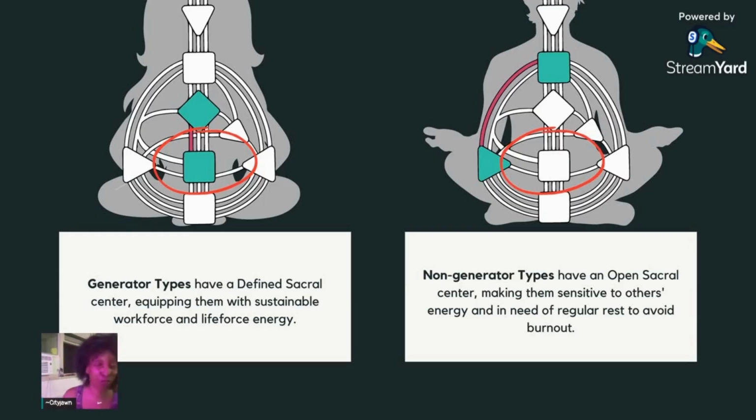Now we've got 4 to 12 and 9 to 3, but the generator type is more suitable for that kind of work schedule. The non-generator type just isn't. They're more suited for leadership roles that don't require them to put a whole lot of physical labor in. So that's what I just wanted to say real quick about that.